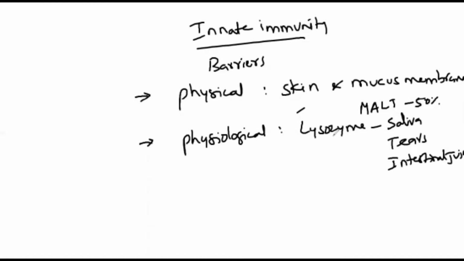Lysozyme can kill the bacteria. And HCl found in the stomach, and then acidic pH found in the vagina. All these components try to destroy the pathogens. So lysozymes, HCl, and the pH of the vagina all come under the physiological barriers.